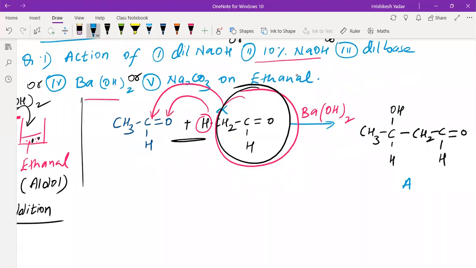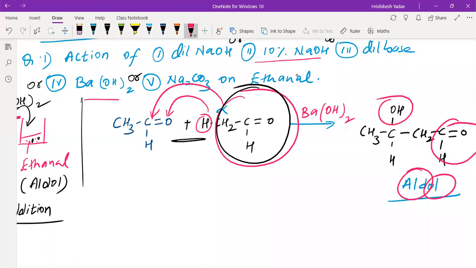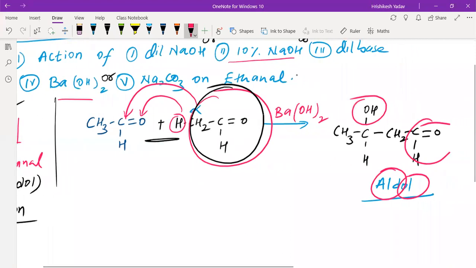So this product is aldol. And why this is known as aldol? The reason behind this is, as we have two functional groups, aldehyde and alcohol. One is aldehyde, other is alcohol. In this product, two functional groups are there, and that's why the name is aldol.